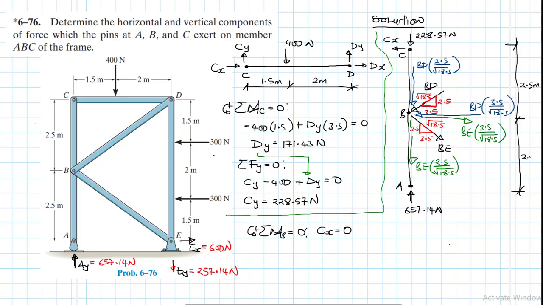And then also 2.5. Yeah. So Cx is equal to 0. And if Cx is equal to 0, therefore it means Dx is also equal to 0. Okay. We've seen this Cx is equal to 0, because we found this Cx equal to 0, it means Dx also is equal to 0, right? Yes. Okay.